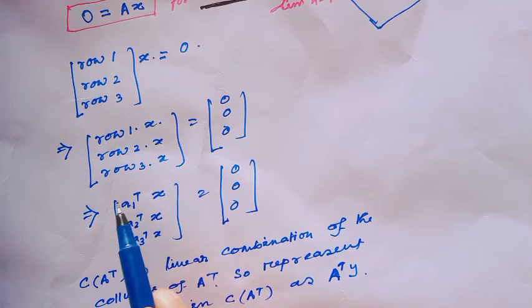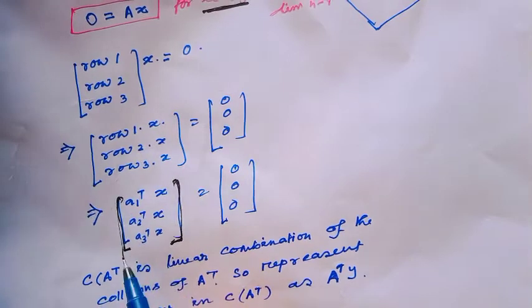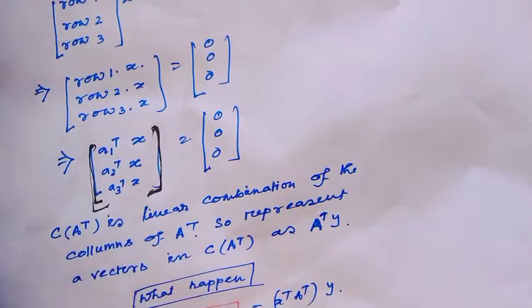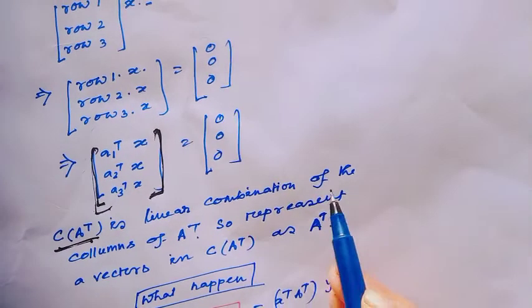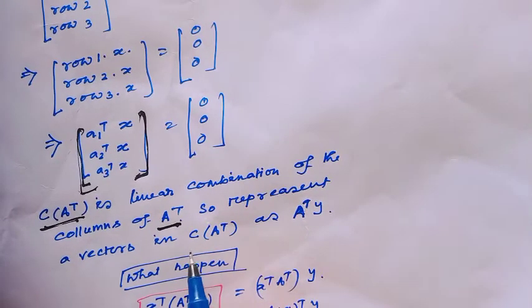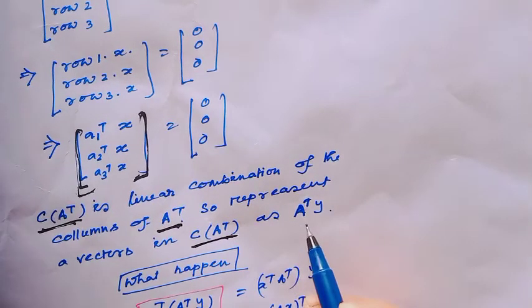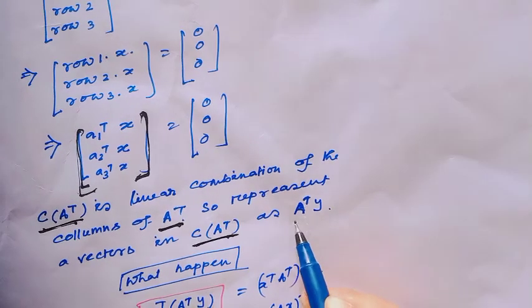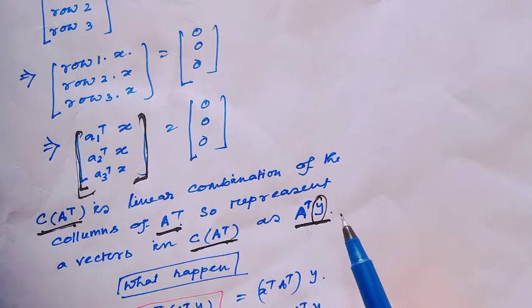Since this is a column vector, the column of A transpose, which is actually the row space, is a linear combination of the columns of the matrix A transpose. A vector in the column space of A transpose is represented as A transpose y, where y has m components.